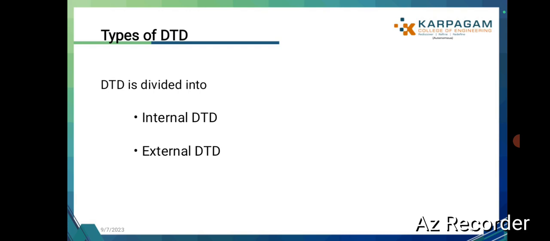With the help of the DTD file name, we can include this file in our XML document. That is called external DTD.